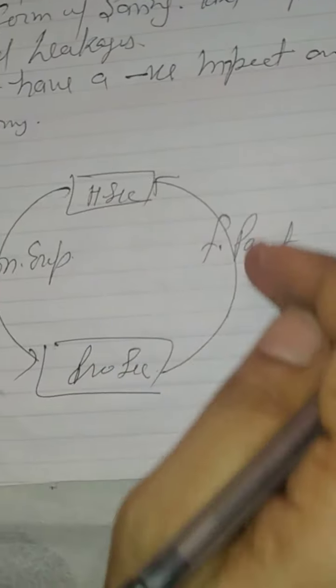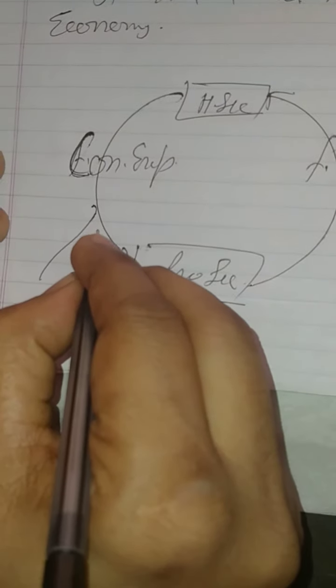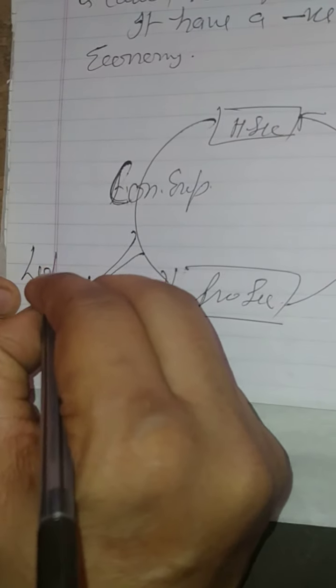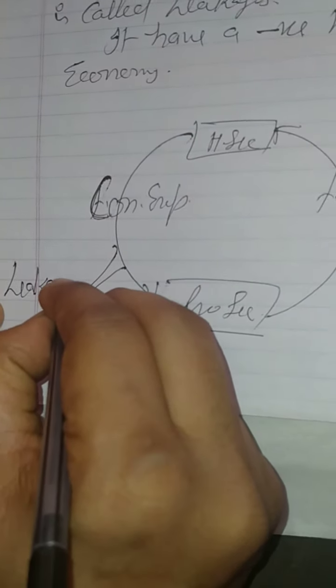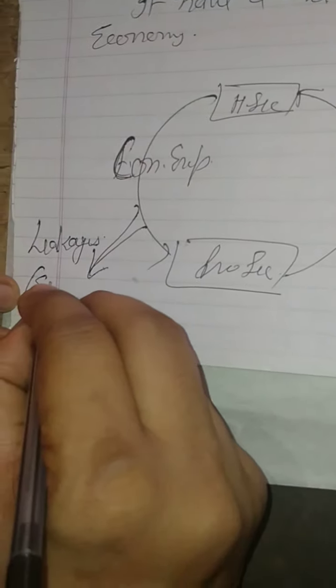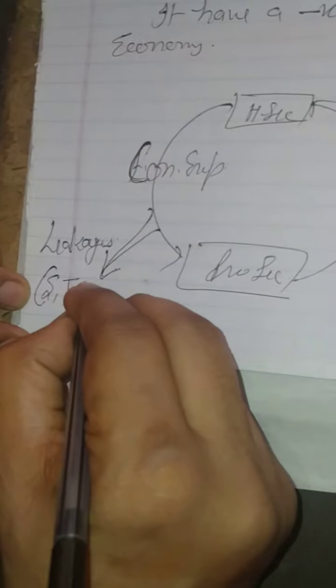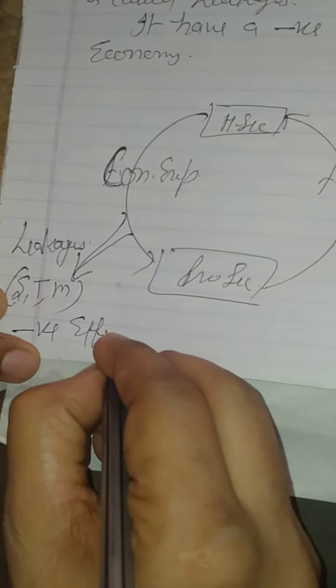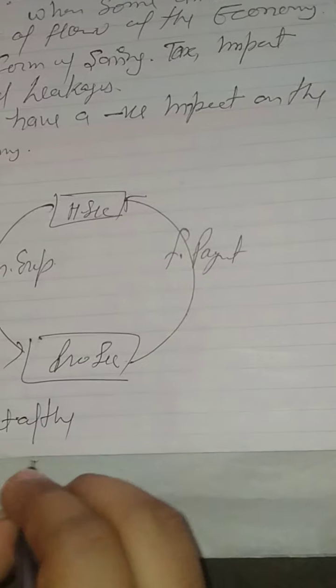So cash flow in the economy, the sum amount leakage from the economy in the forms of saving, tax or import. It has a negative effect on the economy.